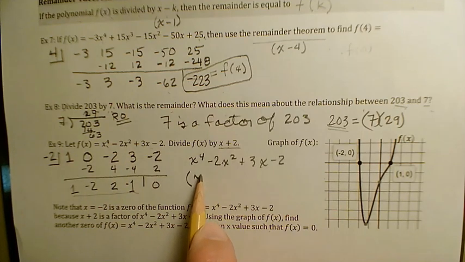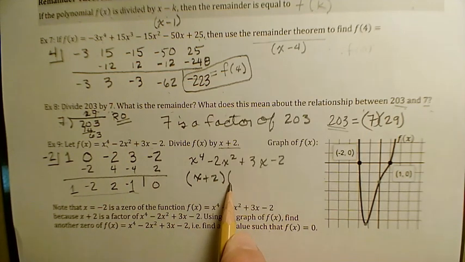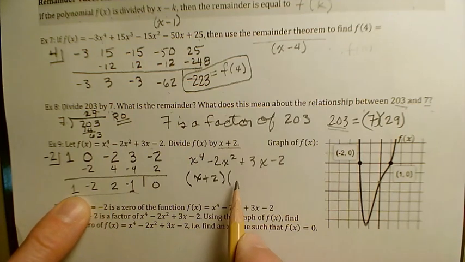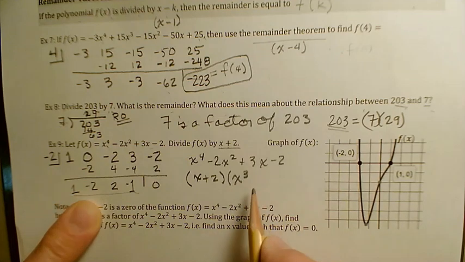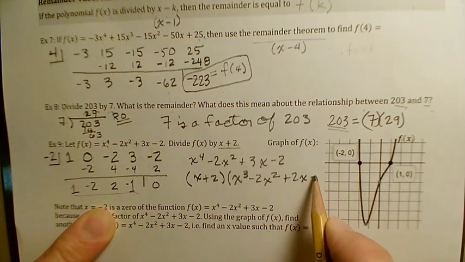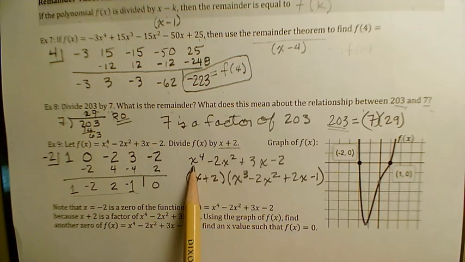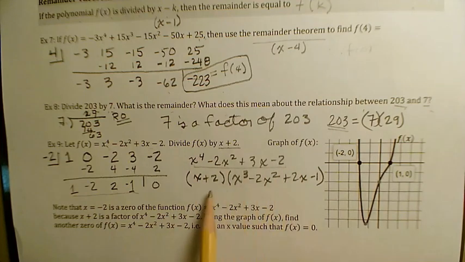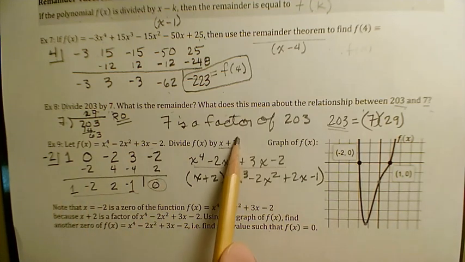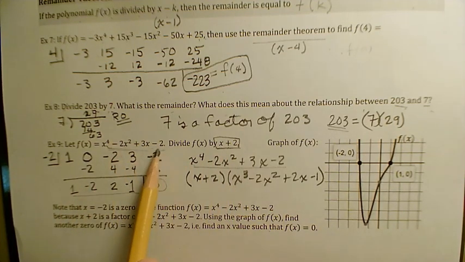So I know that it is going to be x plus 2 times the remaining polynomial, which would be x cubed minus 2x squared plus 2x minus 1. So we've taken this quartic, degree 4 polynomial, and we've factored it. We've never been able to do something like this. And so knowing that the remainder is 0 tells us that that binomial is a factor of the polynomial we were dividing.